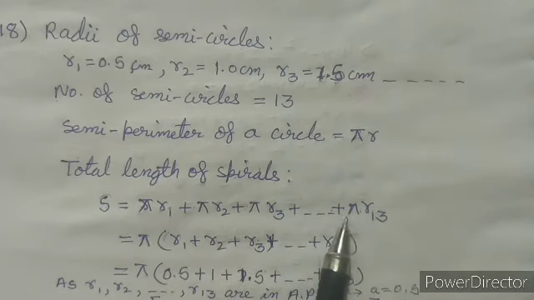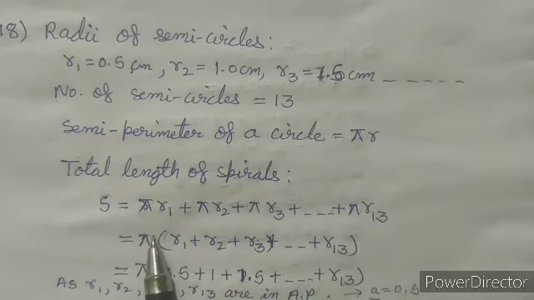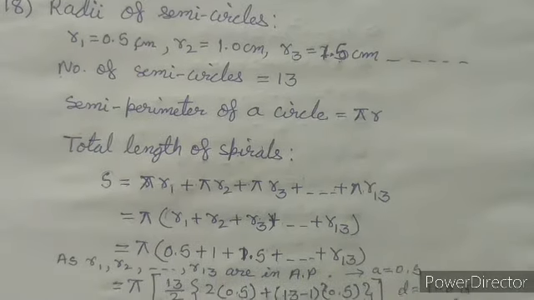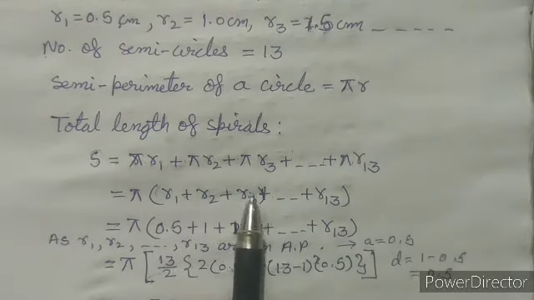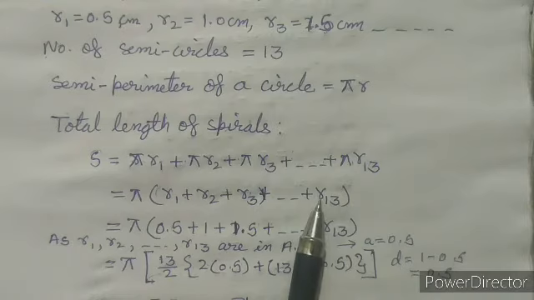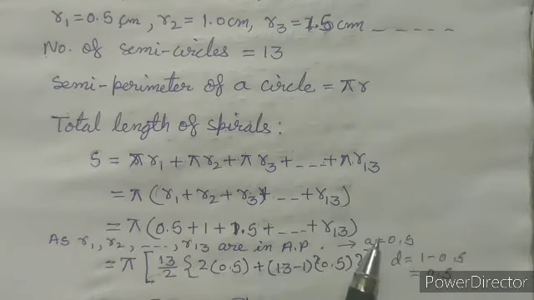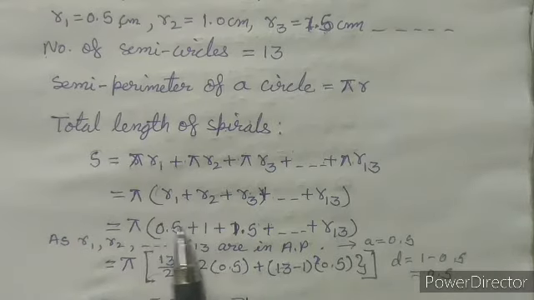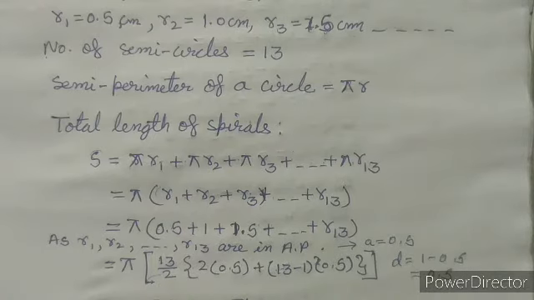Now here pi is common in all the terms. On taking pi as common, we are getting r1 plus r2 plus r3 up to r13. R1 was 0.5, R2 was 1, R3 was 1.5 up to R13. Now as we see here, R1, R2, R3 up to R13 are in AP with A, or first term, as 0.5 and common difference D as 1 minus 0.5, that is again 0.5.